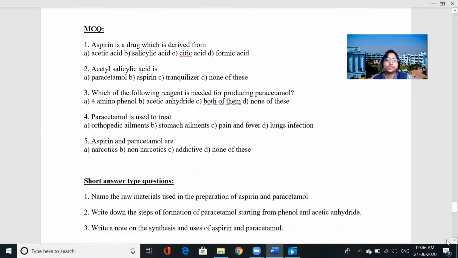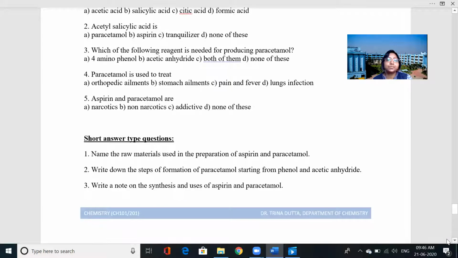So what is the next question? Write down the steps of formation of paracetamol starting from phenol and acetic anhydride. Write a note on the synthesis and uses of aspirin and paracetamol. So these are similar types of questions. So you have to elaborate according to the marks.